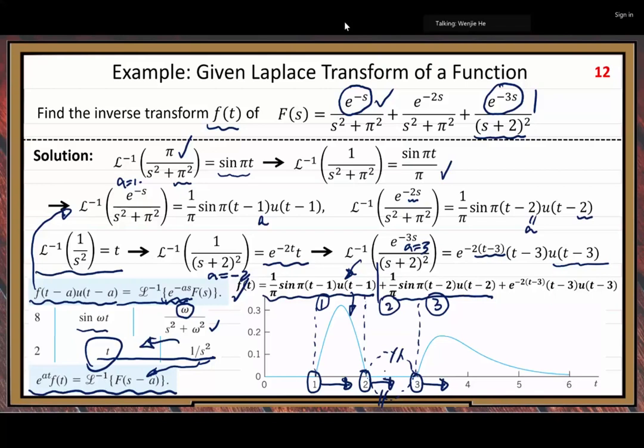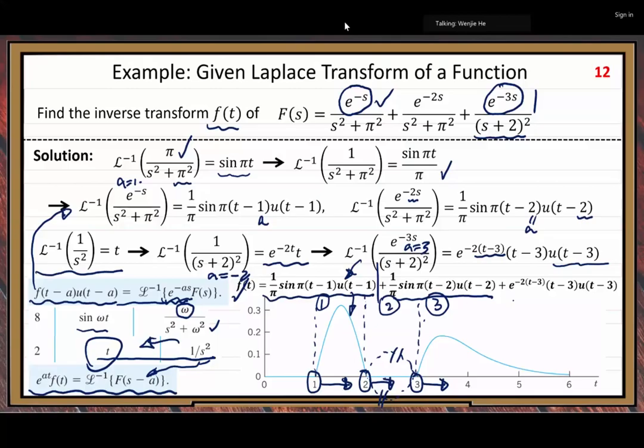Then, after number 3, in the third piece, all 3 terms have contribution. But actually, the first term and the second term always cancel out, because one takes the positive part and the other takes the negative one, with exactly the same absolute value but opposite sign.